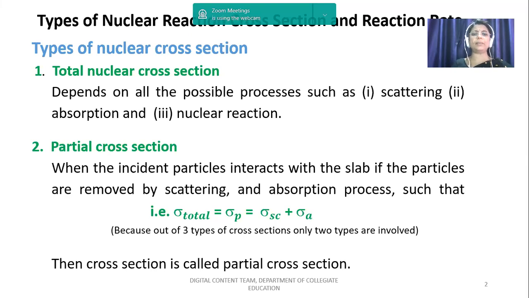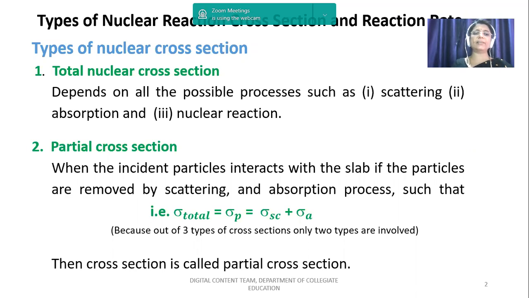Out of these particles, few particles may be removed from the incident beam by scattering process, some are removed by absorption process, and some particles may be removed by nuclear reaction, such that an effective area that the target nucleus has in order to remove the incident particles from these three possible processes is termed as total nuclear cross-section.